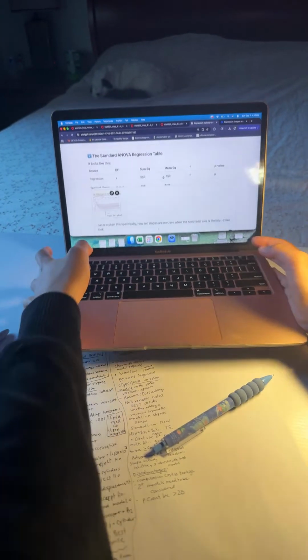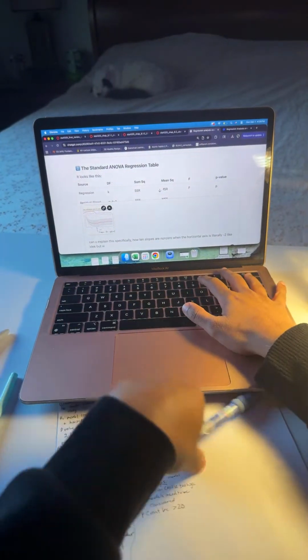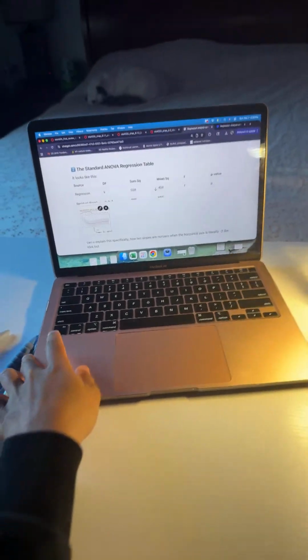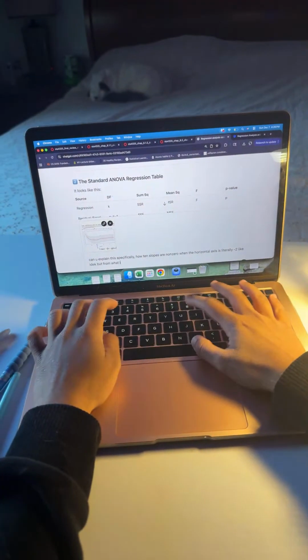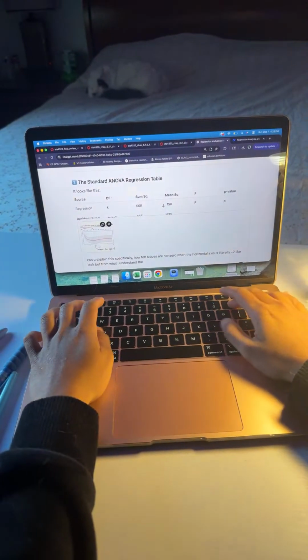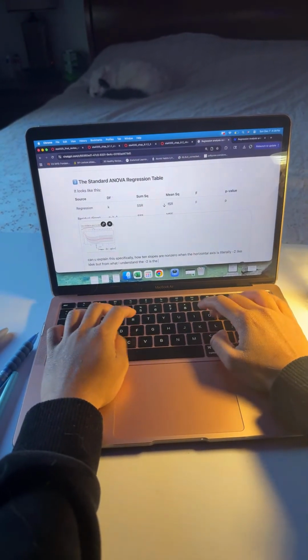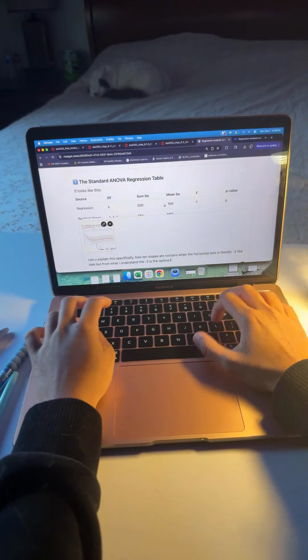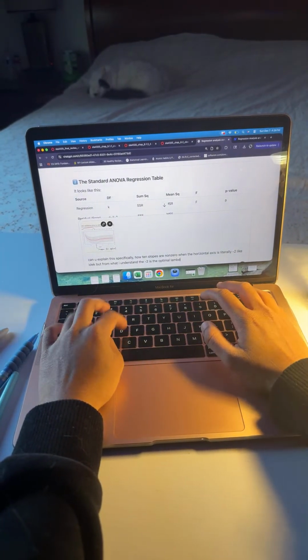But from what I understand, -2 is the optimal lambda, right?